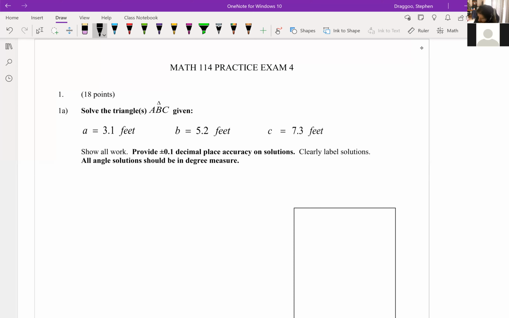So if we go to our law of cosines formula, c squared is a squared plus b squared minus 2ab cosine of c, where c is the thing that we are looking for.